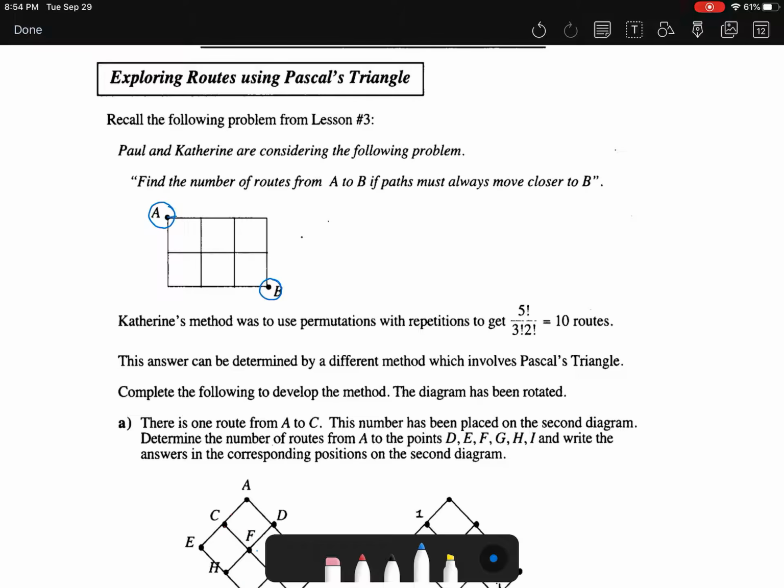The way we did the calculation is to count up the moves on the outside: 1, 2, 3, 4, 5. So 5 total movements, which would be 5 factorial. Of those 5 movements, I have 3 repeated movements to the right and 2 repeated movements down. So 5 factorial over 3 factorial times 2 factorial is 10, which is the exact same calculation they've shown us here.